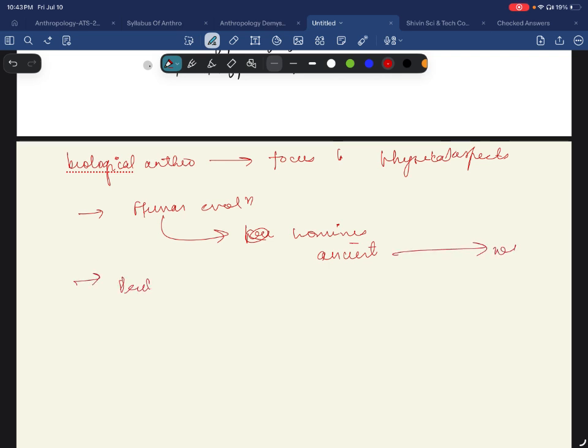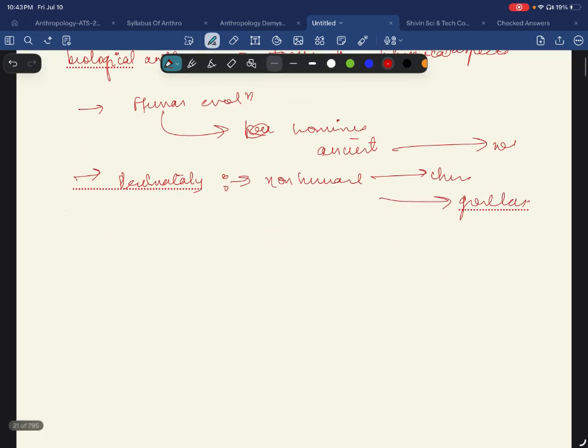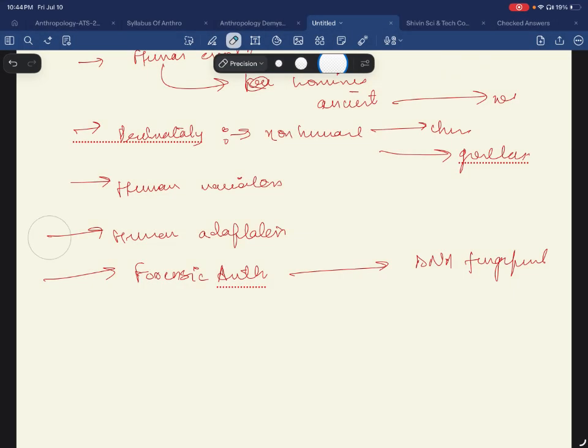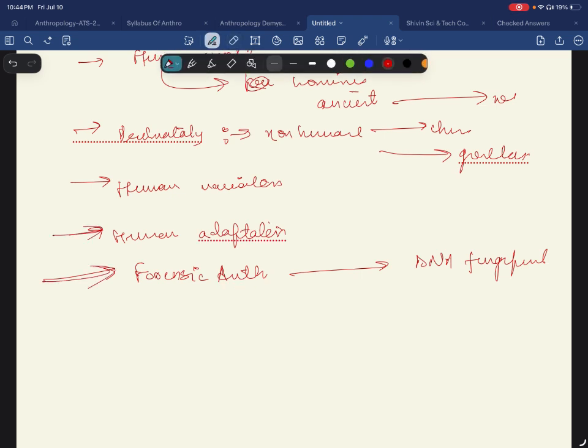Then primatology, we study non-human primates like chimpanzees and gorillas, okay? Then we study human variation, human adaptation, and forensic anthropology, in which we mainly study DNA fingerprinting.